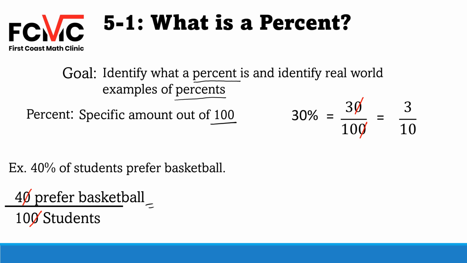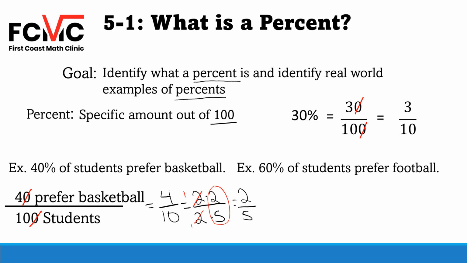So this is going to give us the ratio 4 out of 10. All right, and then we know 4 is 2 times 2, 10 is 2 times 5. We know that we can divide out our 2 and 2. We get 1 and 1, so our ratio is going to be 2 over 5. So 40 out of 100 reduces to 2 out of 5. So for every 5 students, 2 of them like basketball.